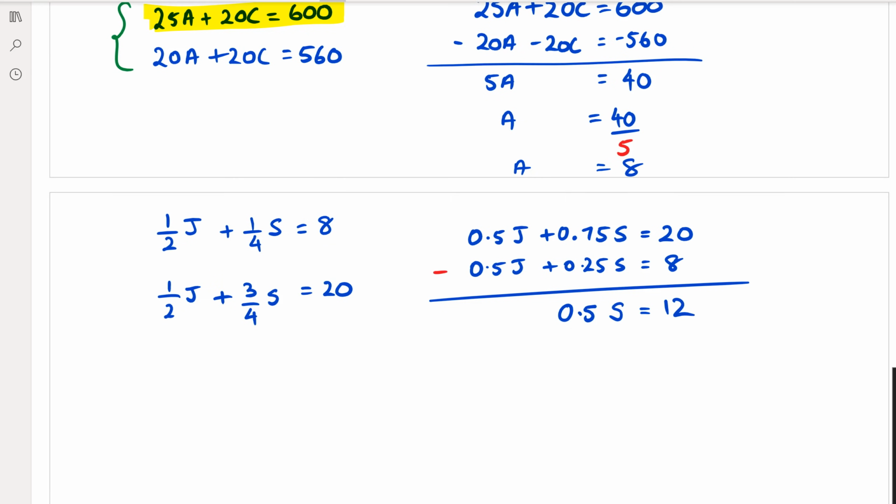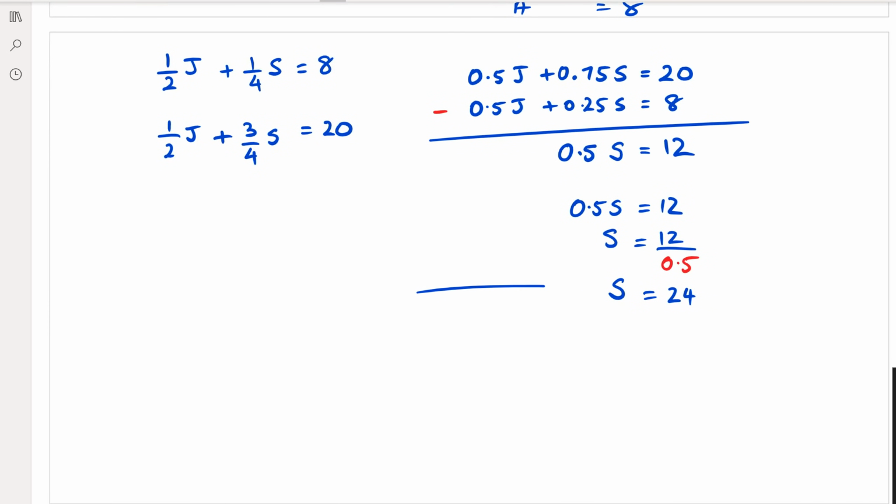So if half of Samantha's group is equal to 12, then Samantha's group is 12 divided by 0.5, which means Samantha's group is 24 people. And because there's only 28 people altogether, we can say that James has 4 people in his group.